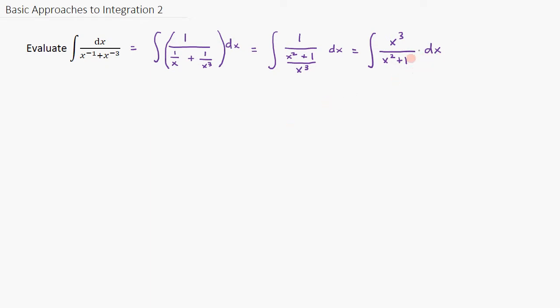So let's try that and see how it works out. So let u equal x squared plus 1. So now we compute the differential. So du, so the derivative of x squared plus 1 is 2x.